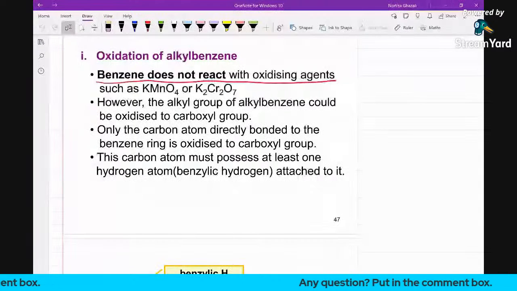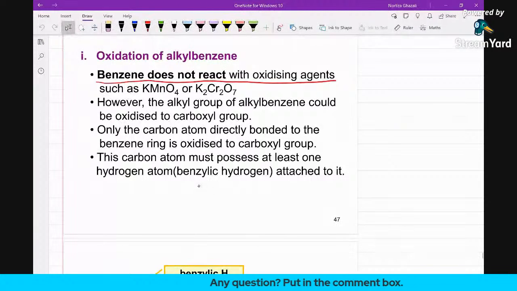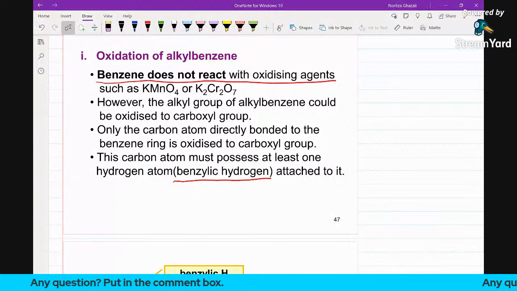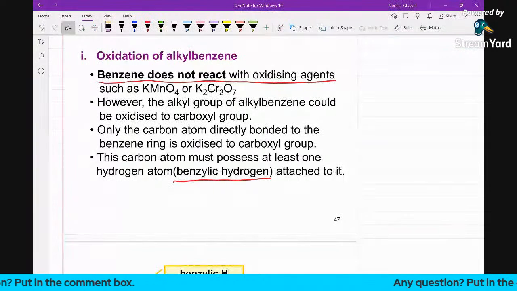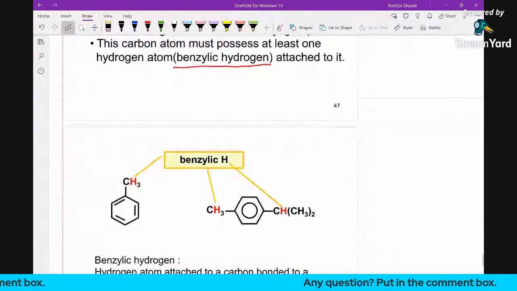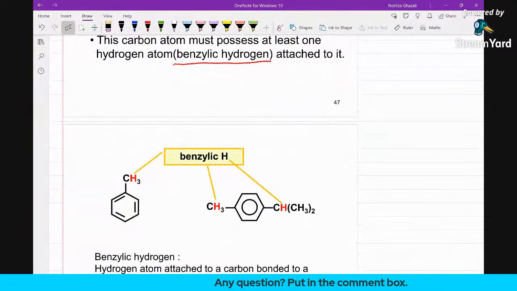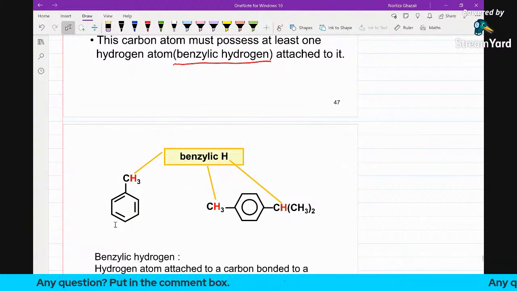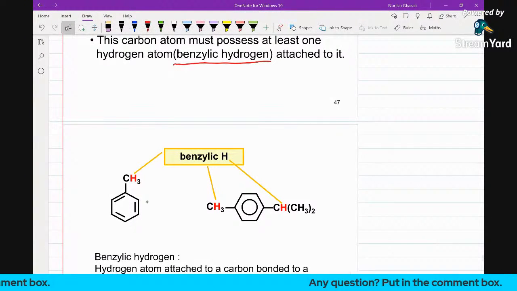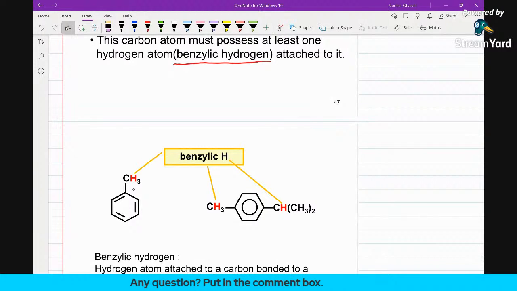At least the alkyl benzene must have at least one benzylic hydrogen. Okay, so where is the benzylic hydrogen? Let's say you have toluene. This carbon, CH3, is attached to benzene.